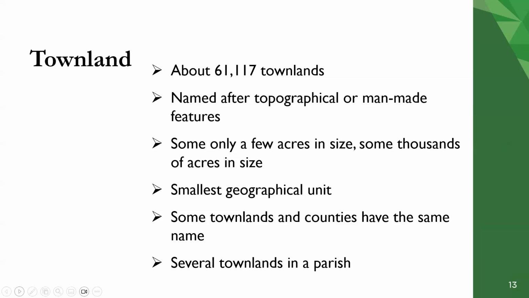You will also find, as you do your research, that a lot of counties, towns, townlands have the same name. For example, Dublin is a town, but it's also a townland, and it's also a county. So again, you need to be aware of what particular area they're discussing when you're looking at certain information on these particular areas.